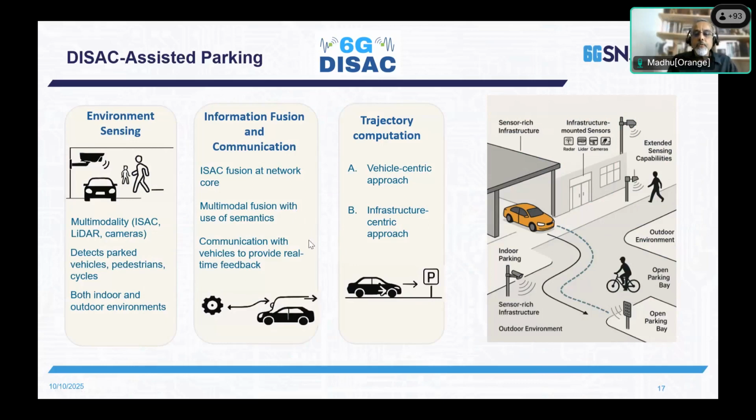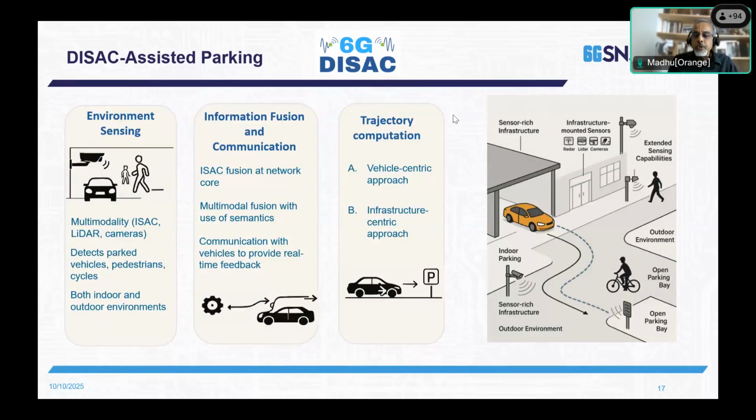If you look at the right side of the figure, there is both an indoor and an outdoor environment. In this case, a vehicle is coming from an indoor environment and going to an outdoor environment, let's say for dinner and finding a parking space. When I mentioned the distributed ISAC, one of the things is that what's typically called the sensing service area, the area that we need to cover by the sensors, evolves dynamically because it is from the perspective of the moving car.